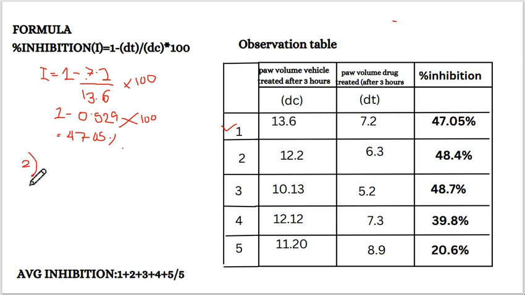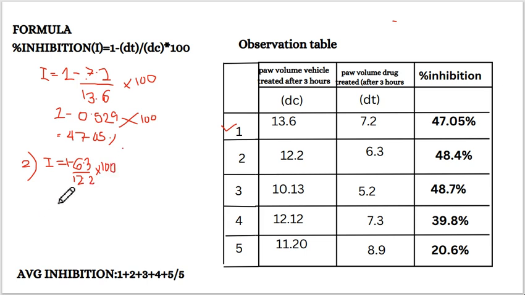सेकेंड में भी क्या करेंगे, similar. Inhibition is equal to 1 minus DT 6.3 upon DC 12.2 into 100.